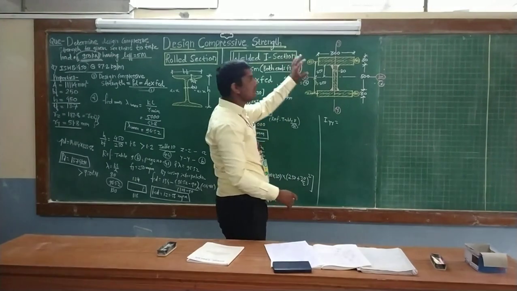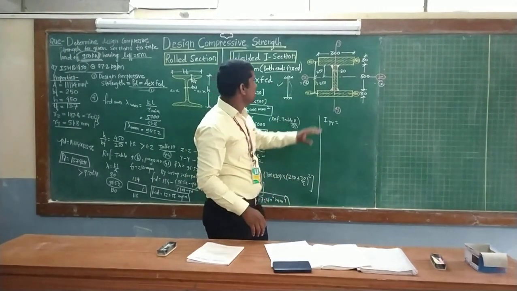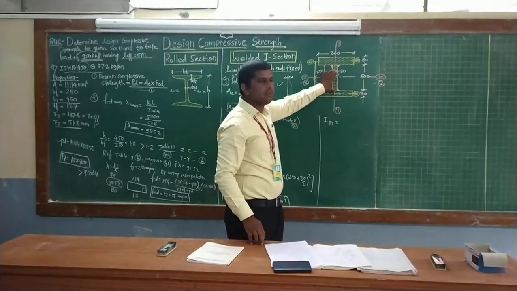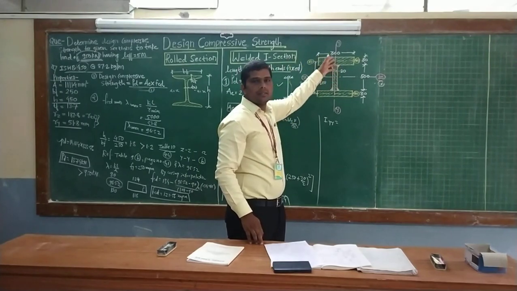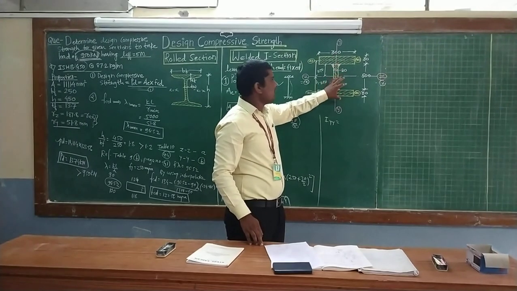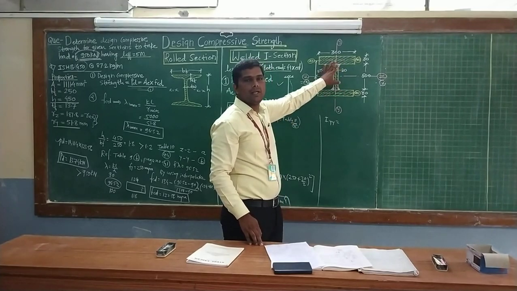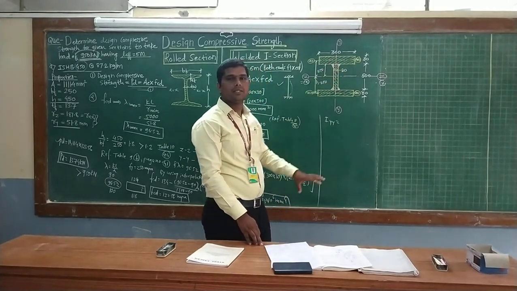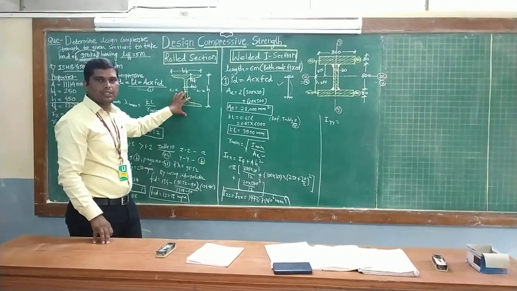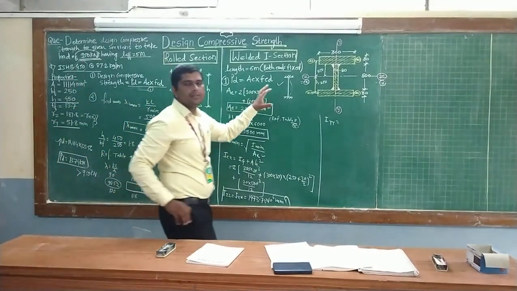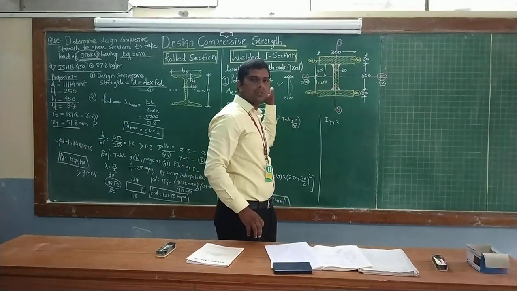This welded I section is nothing but a built up section. The top flange, bottom flange and web are joined by using welding. Means these are three different parts and they are joined by welding. So it is called a built up section, and whatever we studied in the previous numerical is a rolled section. So this is the basic difference between the built up section and rolled section.